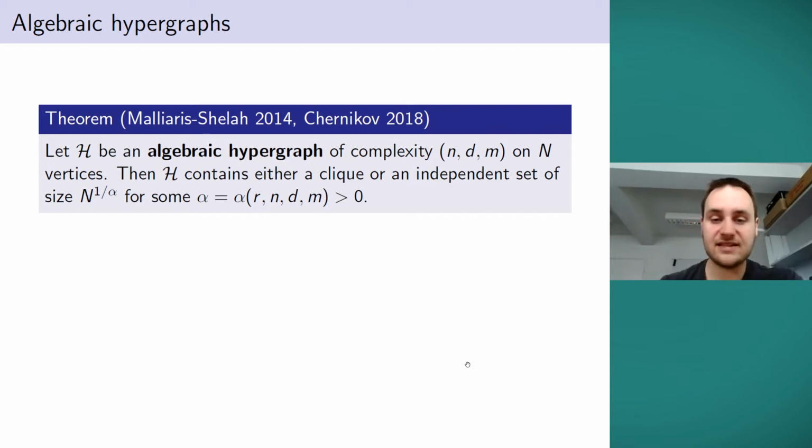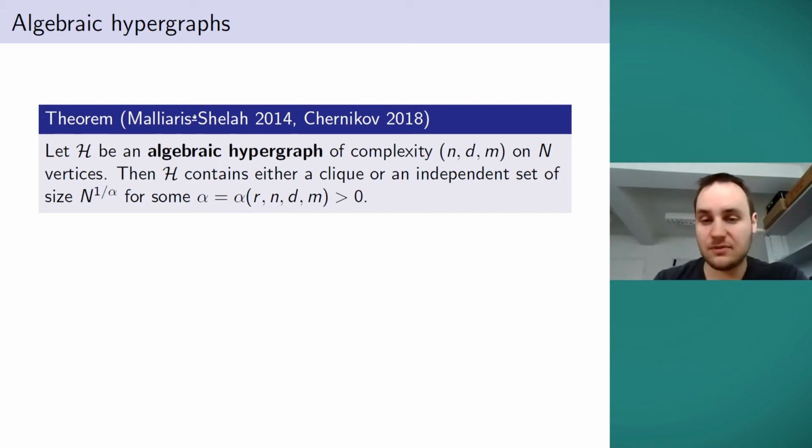They proved that there exists some exponent alpha, which only depends on the complexity and the uniformity, such that any algebraic hypergraph of this bounded complexity contains a clique or independent set of size N to the 1 over alpha.